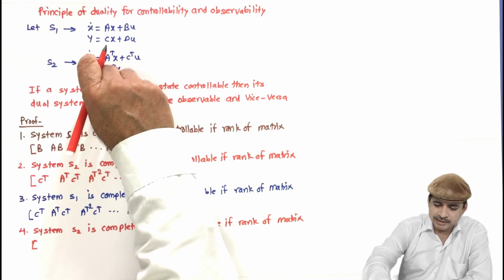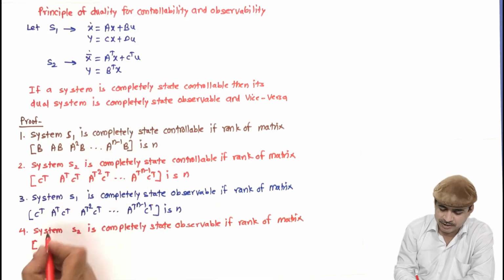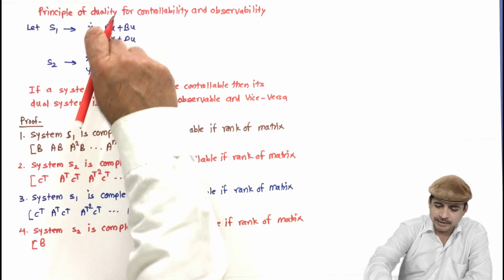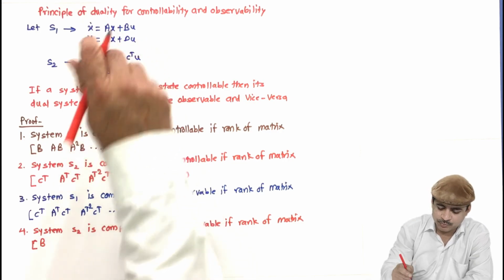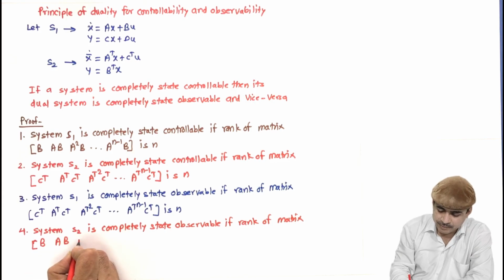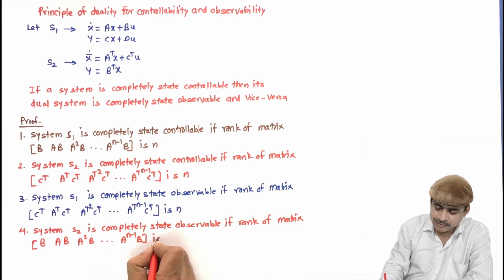So this C here we have got C transpose, here B transpose, so transpose of B transpose is B, transpose of A transpose into transpose of B transpose, so transpose of A transpose is A, [B, AB, A squared B, and so on up to A raised to n minus 1 B] is n.